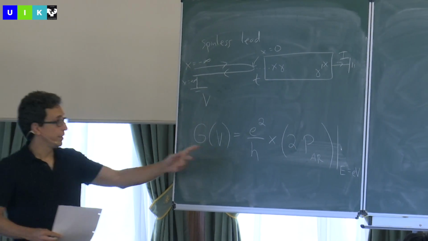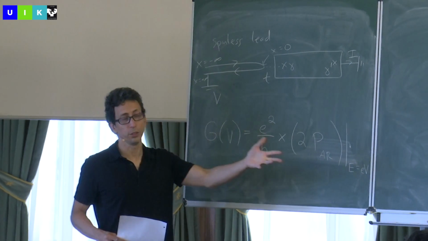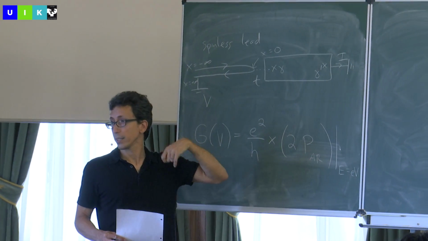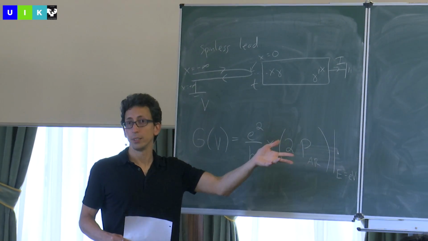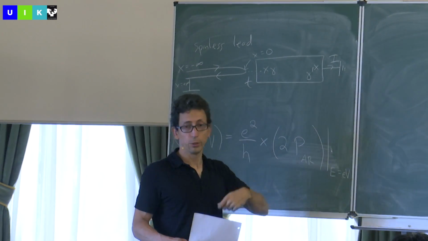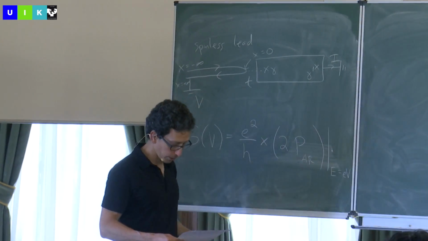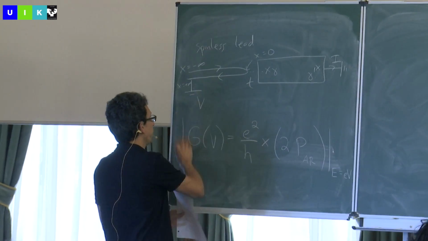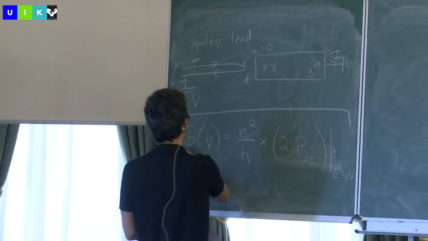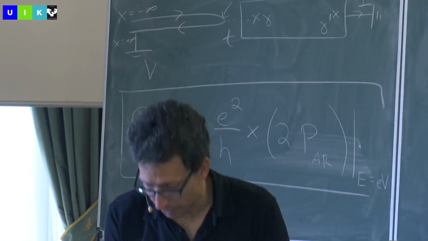Right? Now there's a factor of 2 here, which reflects the fact that every electron that undergoes an Andreev reflection process deposits not 1 but 2 electrons into the superconductor, and that's why you get a larger conductance than you would compared to if you were just transmitting electrons one at a time into the superconductor. Okay, so that's what I'd like to figure out within some very minimal theoretical model.